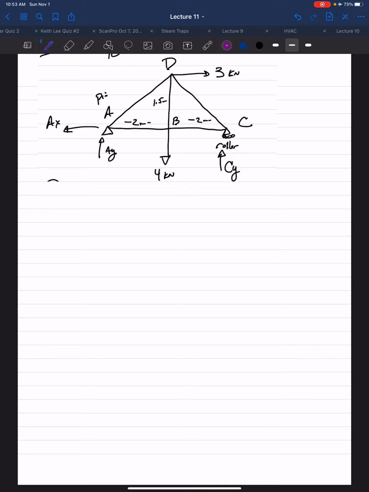Last but not least, if we go to joint B, FBD, which is an unknown, we know the 4 kilonewton force here.